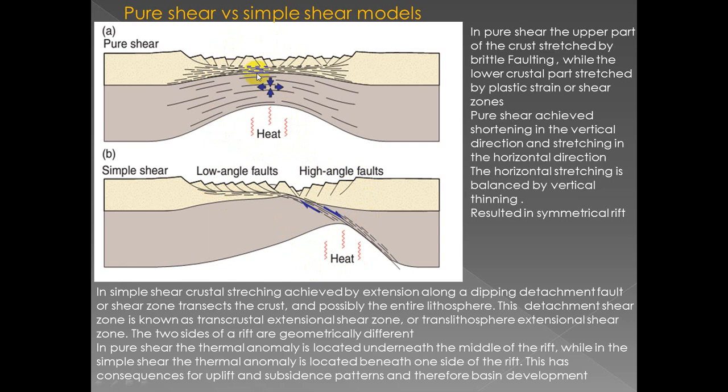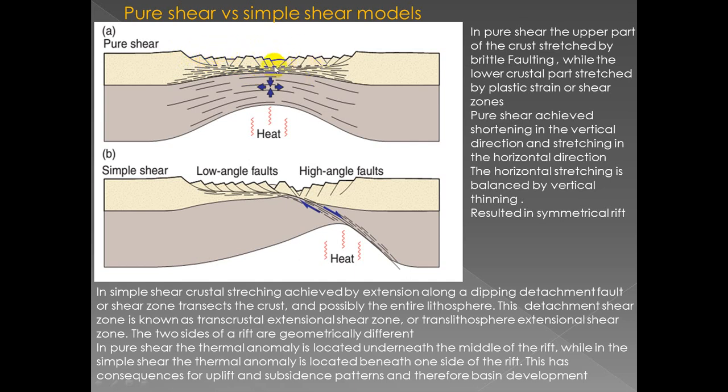Later on, how does the extension occur? Extension occurs due to development of what's called normal faults. These normal faults rotate like this, so it's achieving a type of extension due to rotation. We can explain it later on.